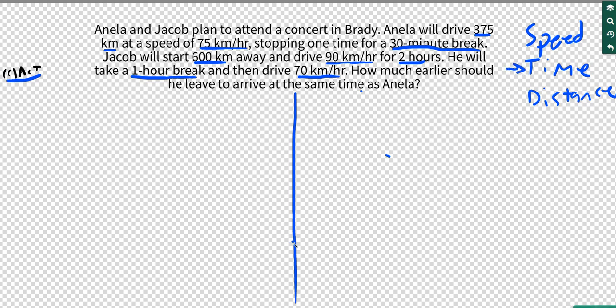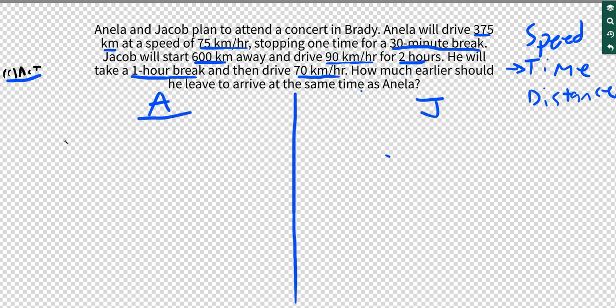But if you notice the units, although this is in minutes, most of the times are in hours. Speed is kilometers per hour, time is hours, distance is kilometers. So all the units are related, but we've got to find time. I already split this into two. Let's do things for Anella and then Jacob.